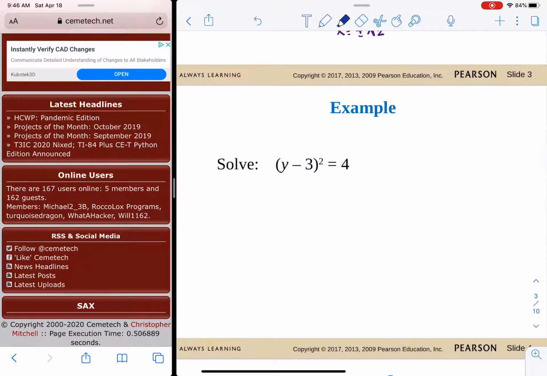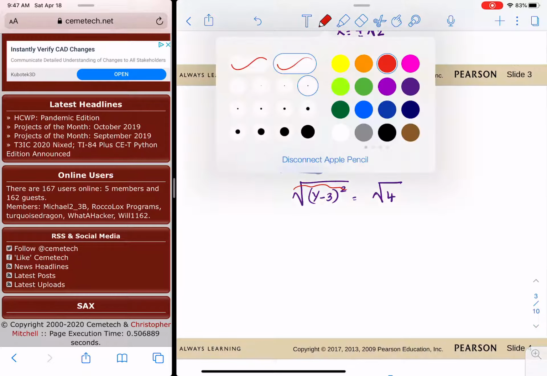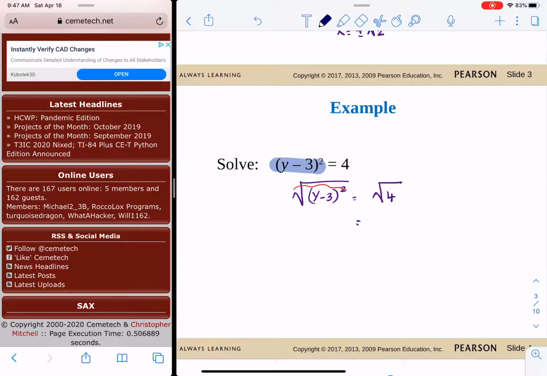In the next equation, you can see that y minus 3 squared is a perfect square. So if I take the square root on both sides, I would have square root of y minus 3 squared equals square root of 4. We know the root and the square get cancelled, and square root of 4 is plus or minus 2.